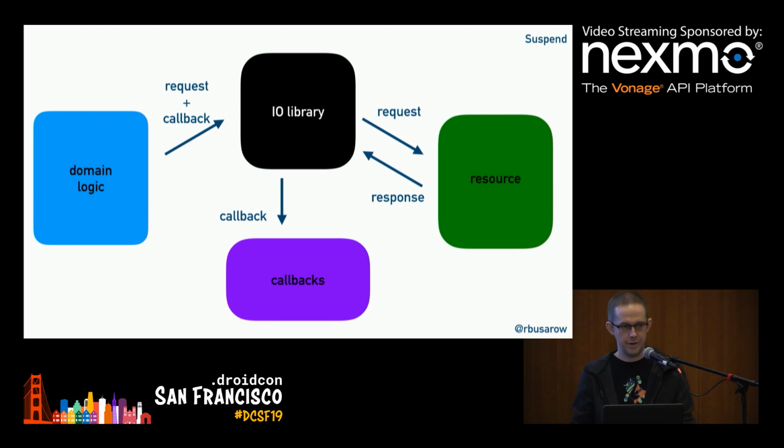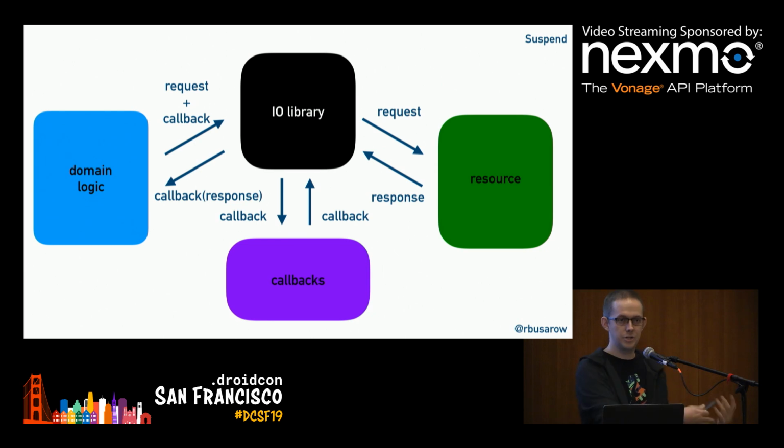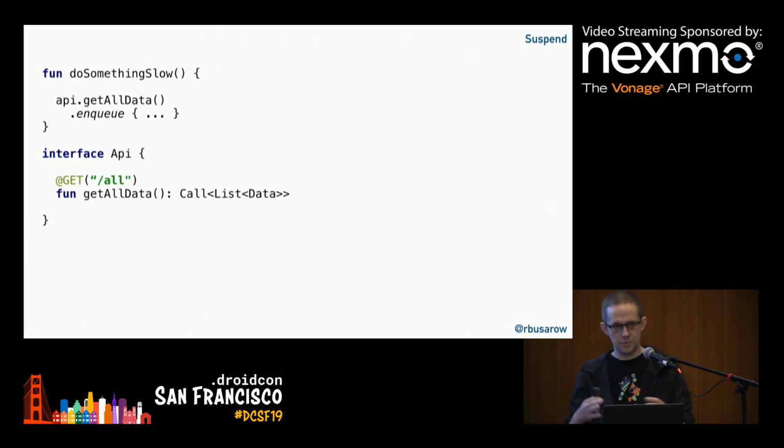Then hopefully shortly thereafter, we're going to get a response back from whatever this resource is, which is then going to get parsed by the IO library. And the IO library is going to pull that callback back out of its store, then invoke the callback along with the data from the response in order to continue operations back in the domain layer. So this is what we used to do. This is what we used to look at.